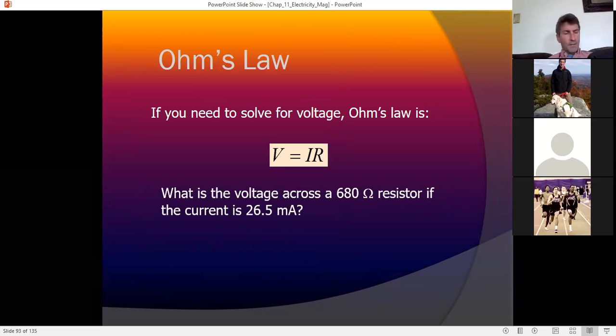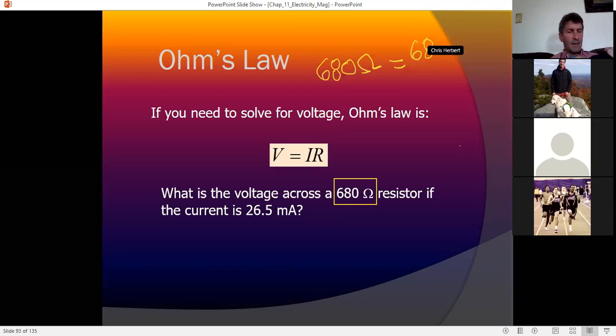Let's do a little calculation here to demonstrate Ohm's law. V equals IR. What is the voltage across a 680 ohm resistor? Once again, there's that symbol for resistance. 680 ohms means it takes 680 volts for every amp of current that I'm going to get.